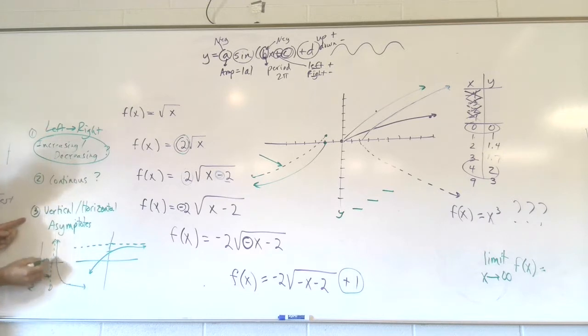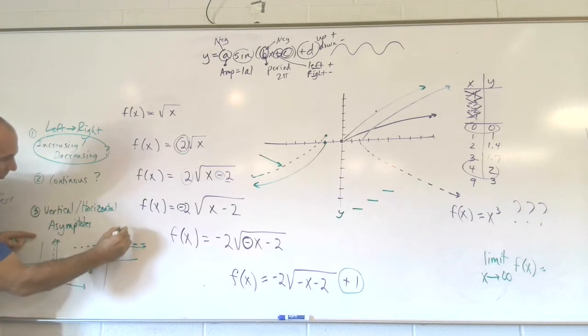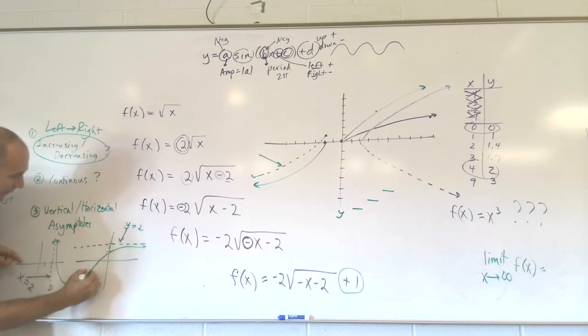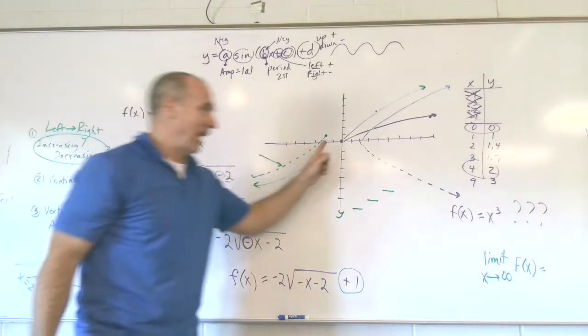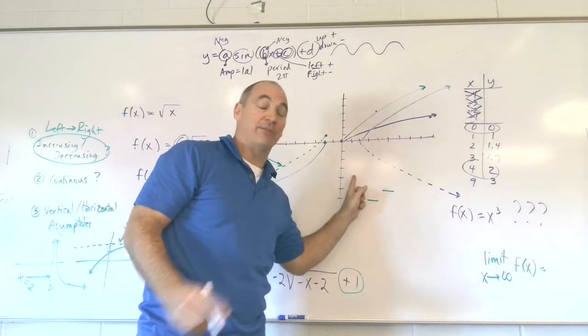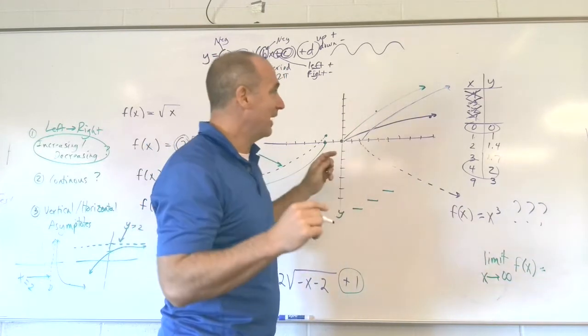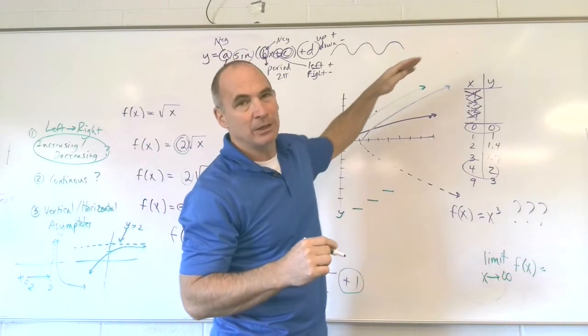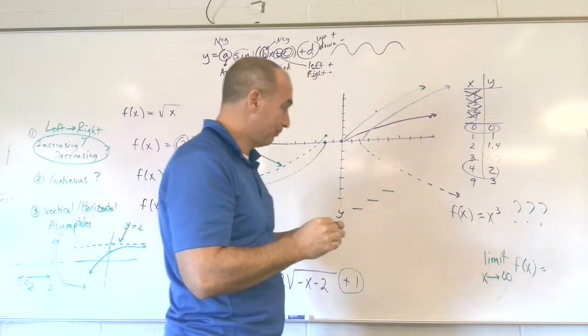And this graph wants to touch it, but it never does. This is a horizontal one. Let's just call that y equals 2. This comes up, wants to touch it, but it never can. Do any of these have asymptotes? No. They have a stopping point or a starting point, but they don't have anything that they're getting near, and they can't quite cross over it. We'll explain that more later.